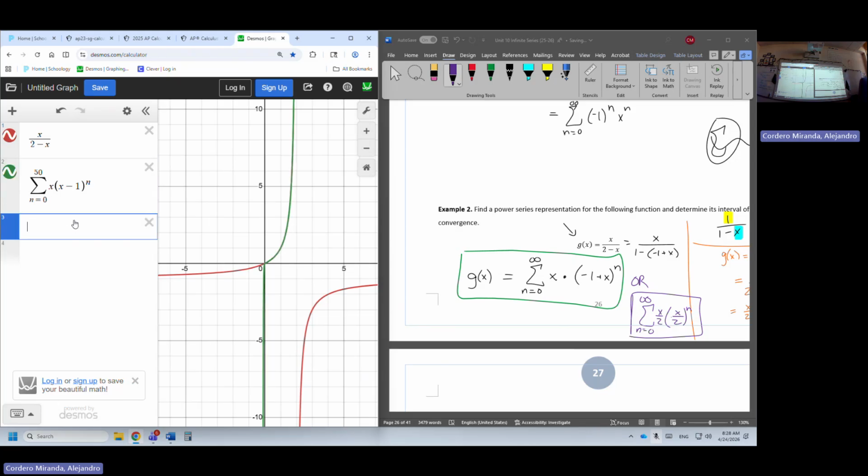But our purple one, watch this, sum from 0 to 50 of x over 2. I know you can simplify this a little bit, but let me not. Let me write it exactly like we did over here in purple. X over 2 times x over 2 to the n. Look how the purple one matches it a lot longer. So that's why I'm saying the purple answer is a little bit better.